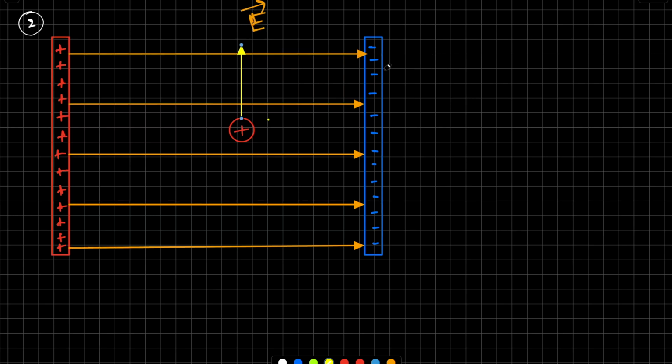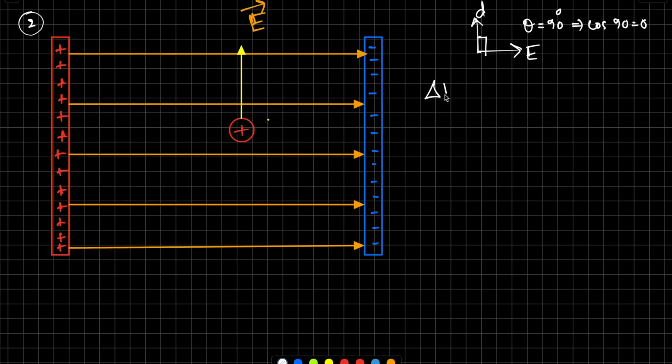So in this case, the electric field vector is towards the right, and the displacement vector is upwards. The angle between them is 90 degrees. So theta is 90 degrees, cos 90 is 0.